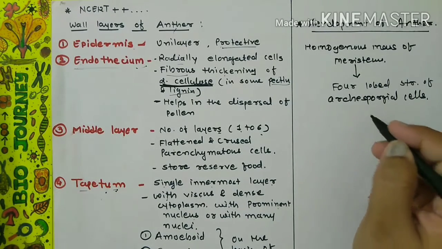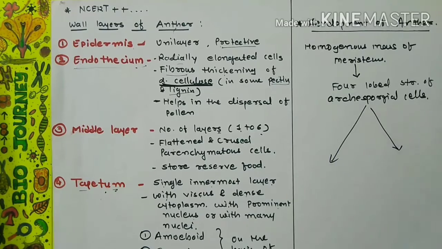The archisporangial cells are further modified into 2 types of cells.